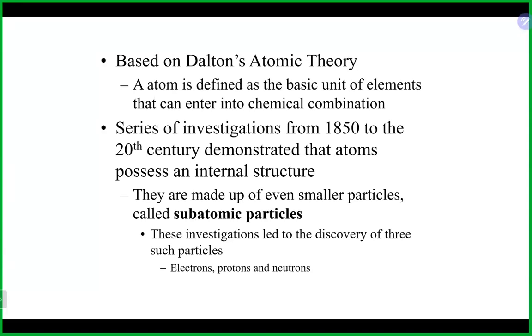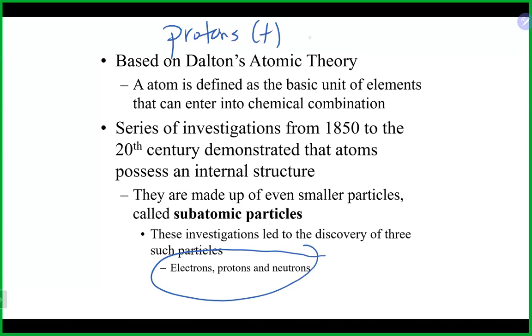Those are sometimes referred to as subatomic particles, and those are electrons, protons, and neutrons. A reminder that protons are positively charged, electrons are negatively charged, and neutrons have no charge.